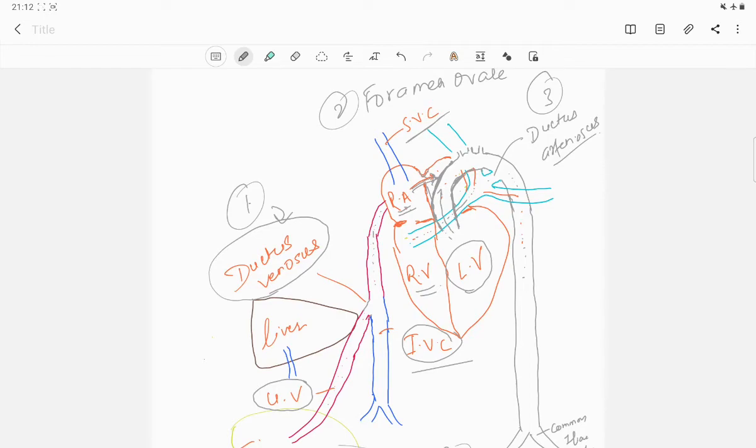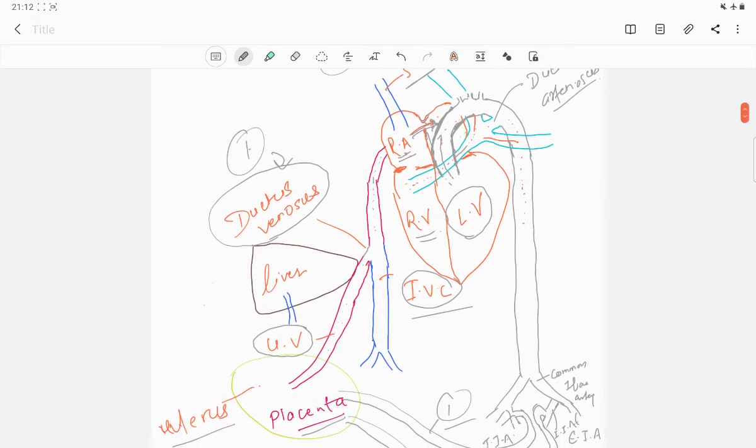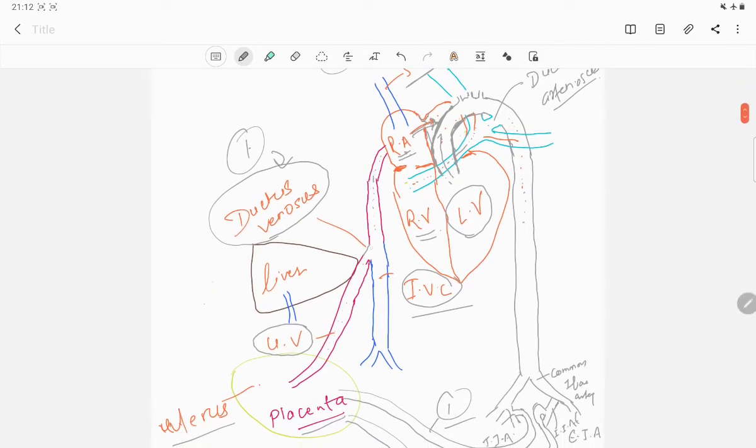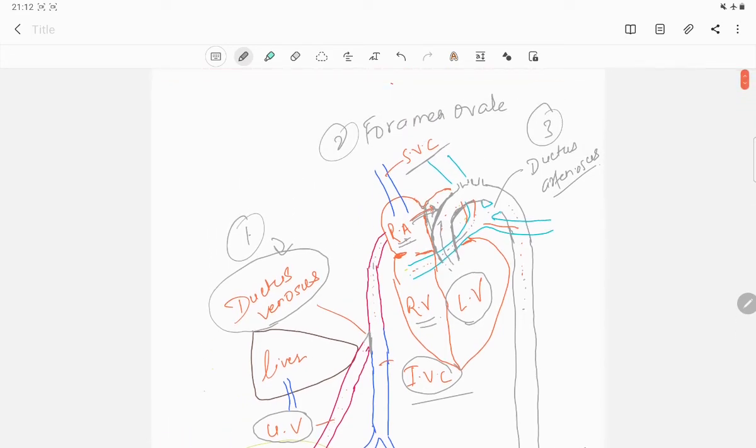We want adult circulation now, as generally happens. So what happens is this ductus venosus will close, foramen ovale will close and remain as fossa ovalis, and our ductus arteriosus will close.